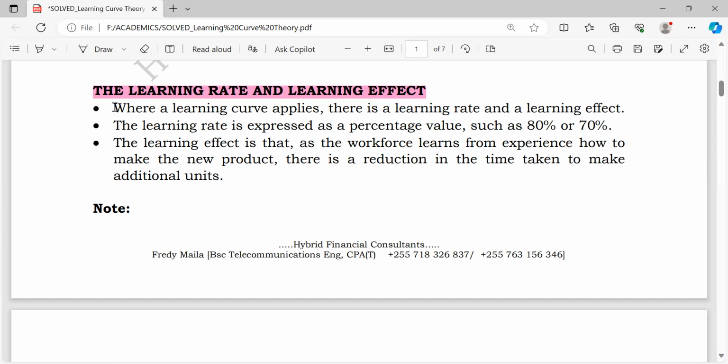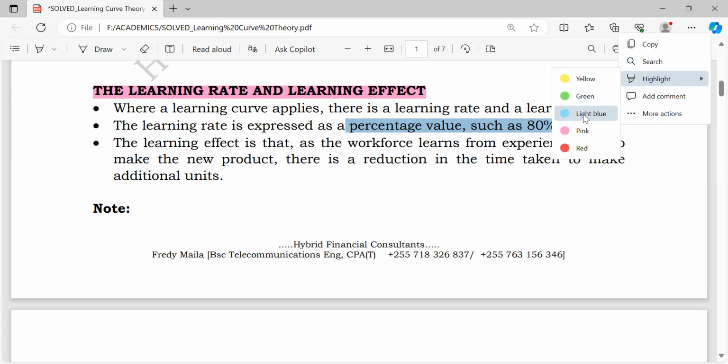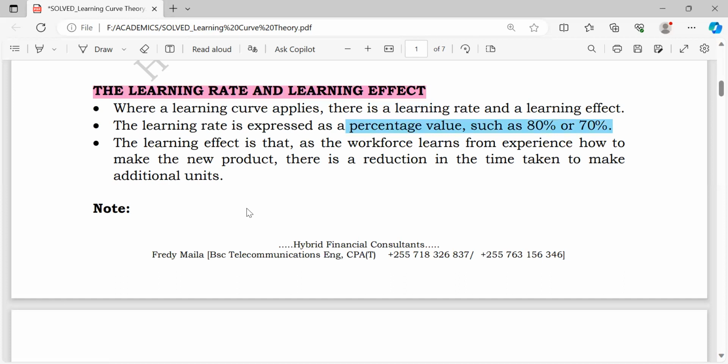Okay, so where a learning curve applies, there is a learning rate and obviously a learning effect. All right. So as I told you before, the learning rate is usually expressed as a percentage, let's say 80% or let's say 70%. This is how we express our dear learning rate. So the learning effect is that. What is the learning effect?